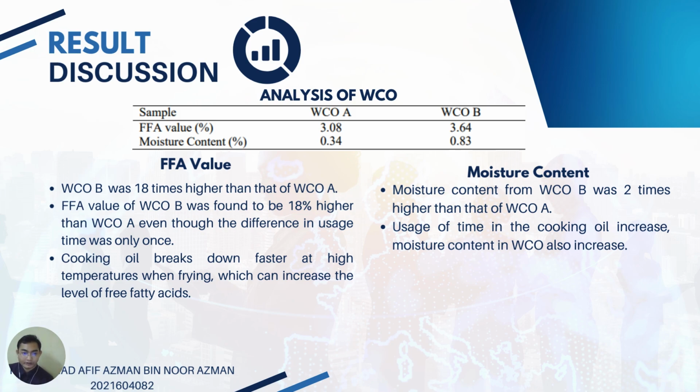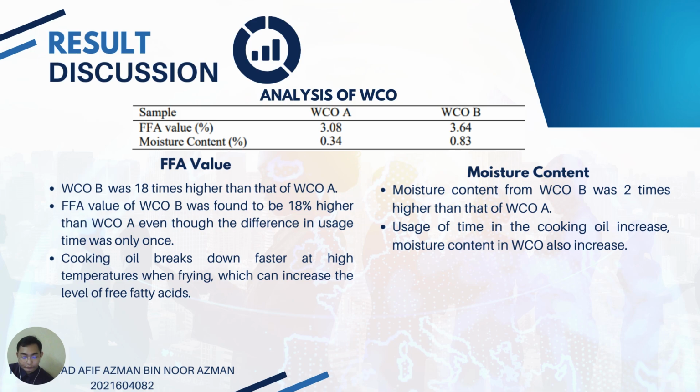So we go to the results and discussion, which starts with the analysis of WCO. The FFA value of WCOB was found to be 80% higher than WCOA, even though the difference in usage time was only once.